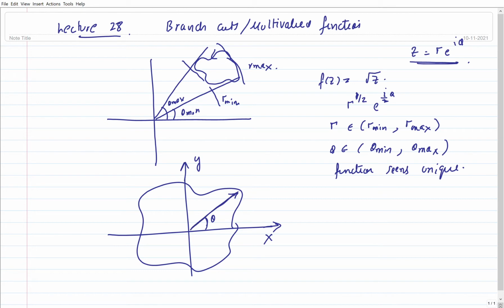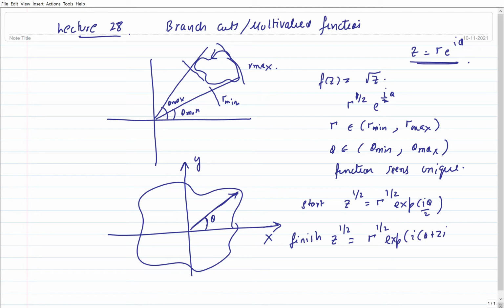What I do is I start with z to the half equals r to the half exp of iota theta by 2, and I finish with z to the half equals r to the half exponent of iota (theta plus 2 pi) by 2.